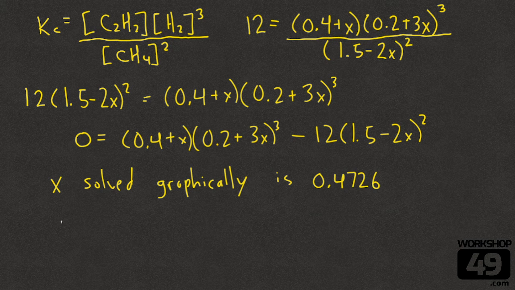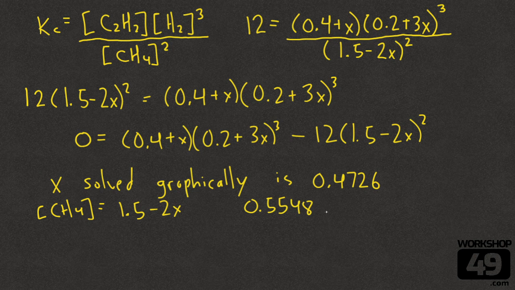0.4726, which means our concentration of methane, which was 1.5 minus 2x, is now going to equal 0.5548 molar. Our concentration of C2H2 is going to equal 0.4 plus x, so it's going to be 0.8726 molar.